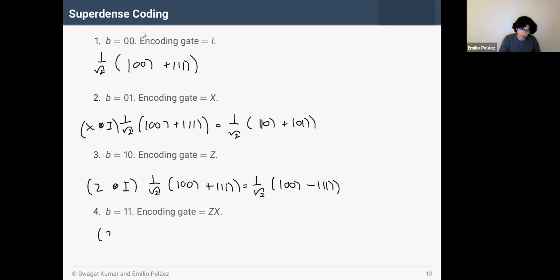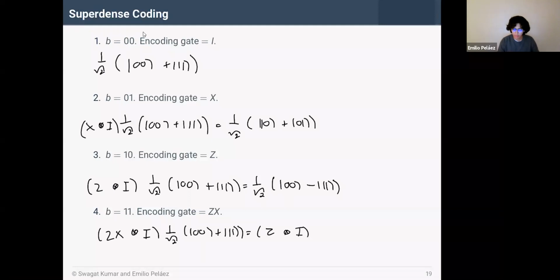And then we apply CX tensor product identity to the state, which is just going to give us, let's just apply the X gate first. So we still have the Z gate. For the X gate, we got 10 plus 01. And then with the Z gate, we just get minus 10 plus 01. Okay.